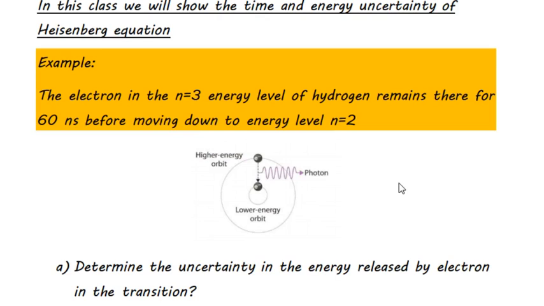For this example, suppose we have an electron in the n equal 3 energy level of hydrogen that remains there for around 60 nanoseconds before moving down to energy level n2.